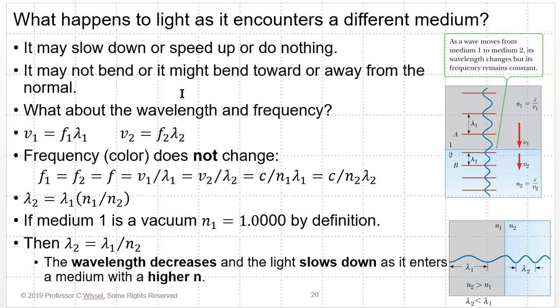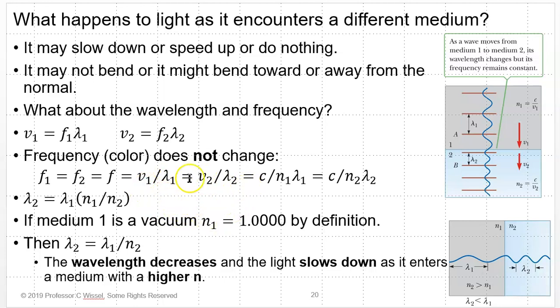What about the wave? We talked about speed, but how about the wavelength and frequency? Well, you can kind of imagine, because there's a relationship between speed, wavelength, and frequency, that there might be some sort of issue with some of this. Okay, so we have v equals f lambda. It turns out the frequency does not change. So all the frequencies are the same. But frequency is v1 over lambda 1, and that is equal to v2 over lambda 2.